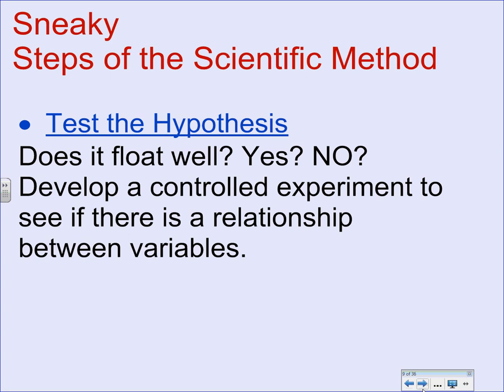When you test the hypothesis, you need to develop a controlled experiment to see if there's a relationship between the variables. First of all, what is the relationship we're trying to figure out?